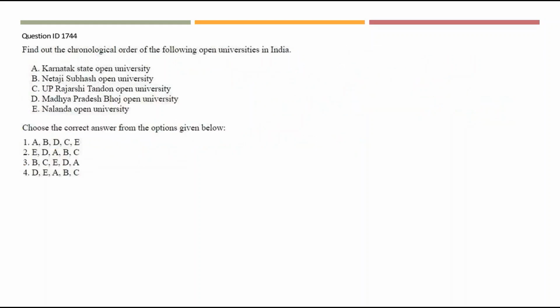The next question. Find out the chronological order of the following open universities in India. Chronology means by the order it was established. Karnataka State Open University was established in Mysore in the year 1996. Netaji Subhash Open University was established in Kolkata in the year 1997.